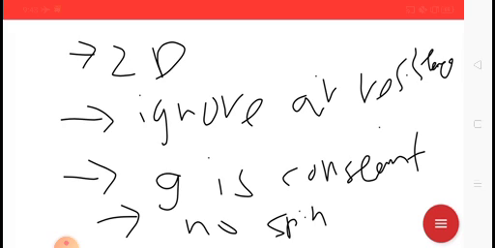So when you project the item, it flies like an aeroplane, with no spinning. I mean the thing will not be rotating. These are the assumptions that you need to use in order to do projectile motion.